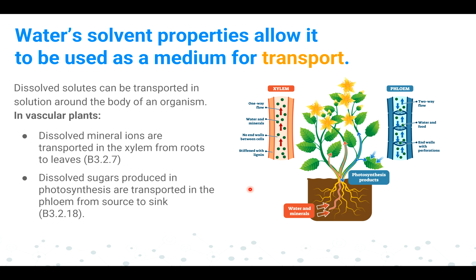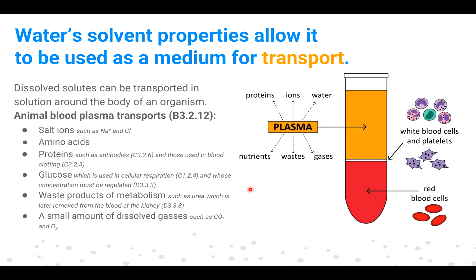Not only the processes, it also helps to dissolve substances like sugar, salt, and while water moves, these substances are also transported simultaneously. So if you see the animal's blood, there are lots of nutrients, lots of proteins, salts, and all these are in dissolved form. Your metabolic waste, right?